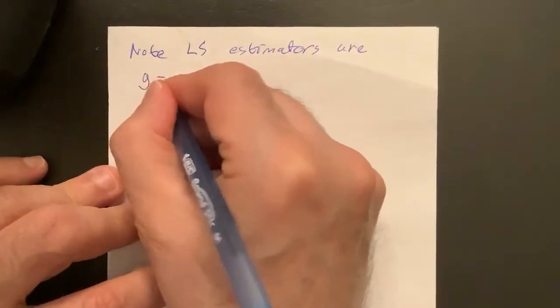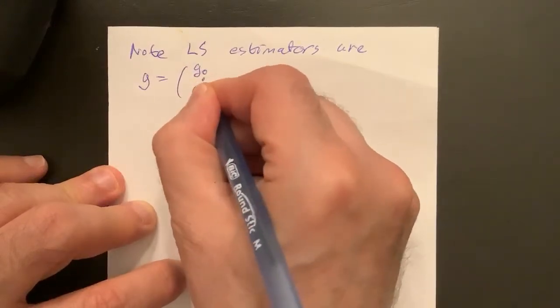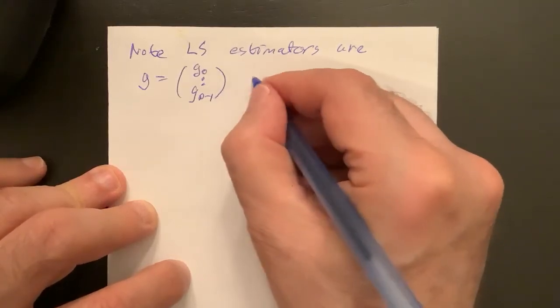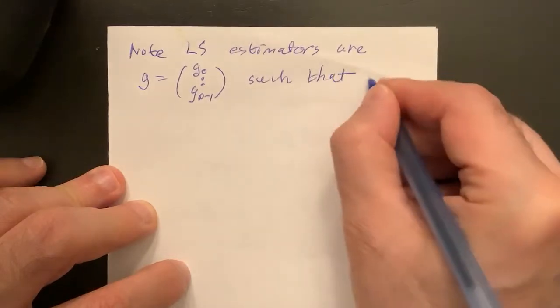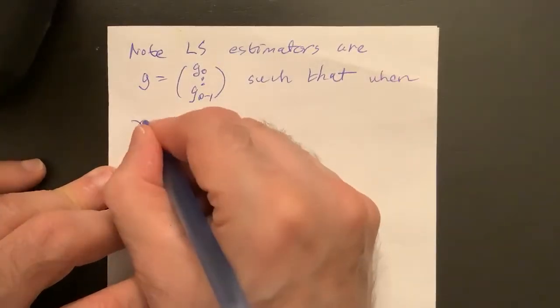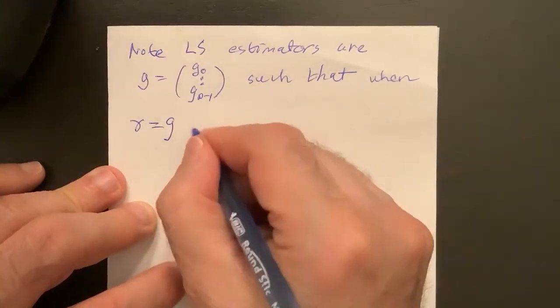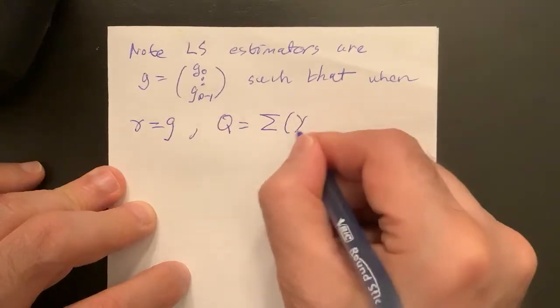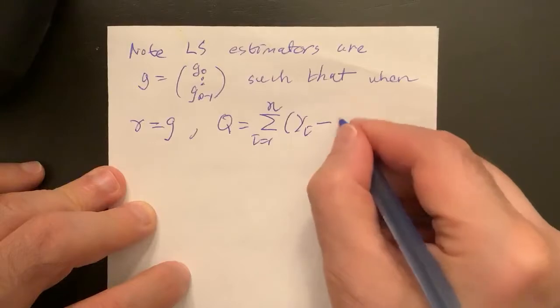G equal to, say, G0, G1, ..., G P minus 1, such that when gamma equals G, those are vectors, Q is the sum of yi minus f.